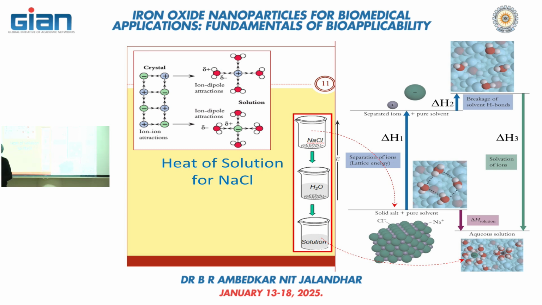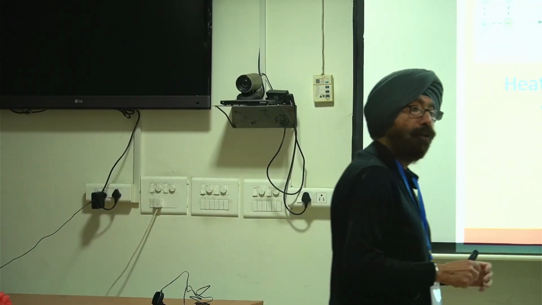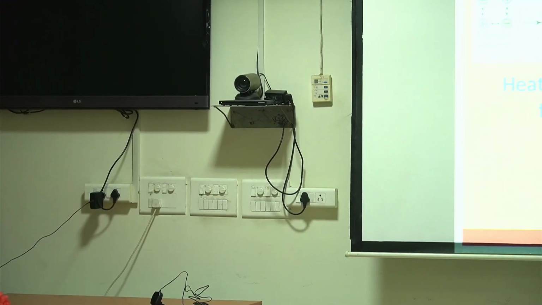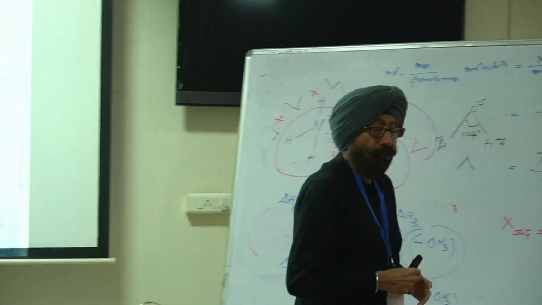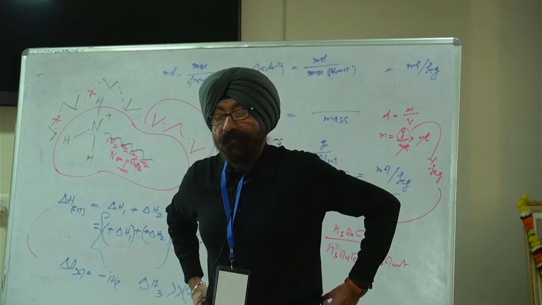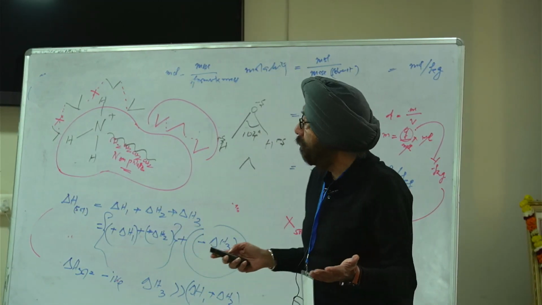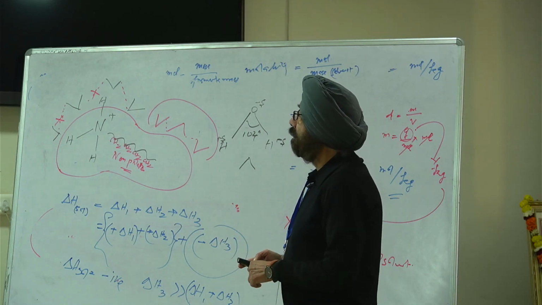If I heat it and evaporate the water, sodium chloride will revert back into the lattice structure. That is why it's a physical change. But when the molecular structure of any of the components is going to alter, that is a chemical change. So when you are dealing with the energetics, make sure that you know all the three steps.